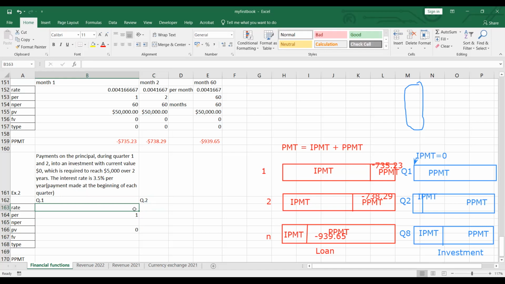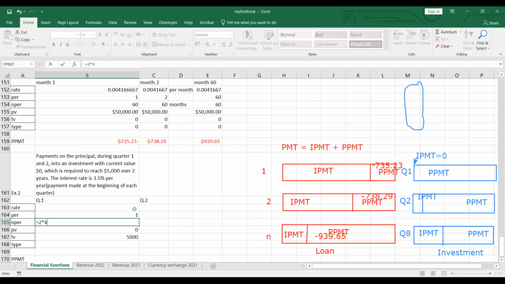Required to reach 5,000, that is FV, positive 5,000 because you want to receive 5,000 in the next 2 years. 2 years means the number of periods is 2 years times 4, that is 8 quarters.